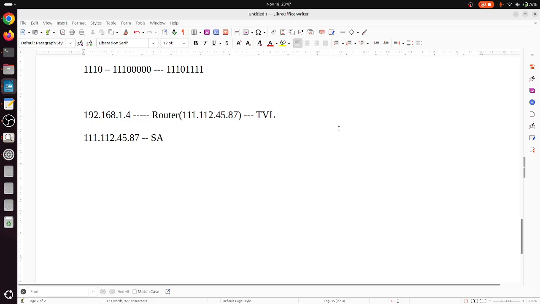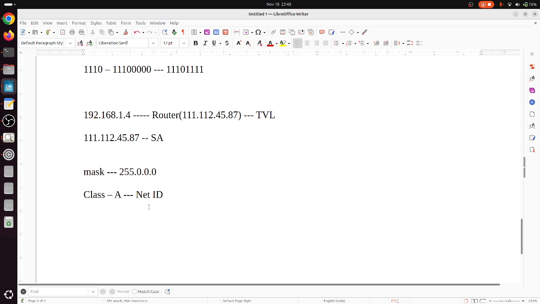This is in pure digital form. You remember, we will have a mask. For class A, the mask is 255.0.0.0. Why? Since the first socket is 255, and for class A, the first socket has the net ID.